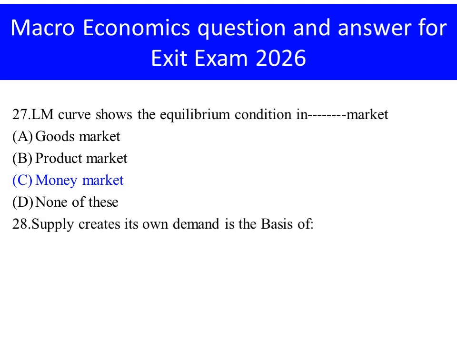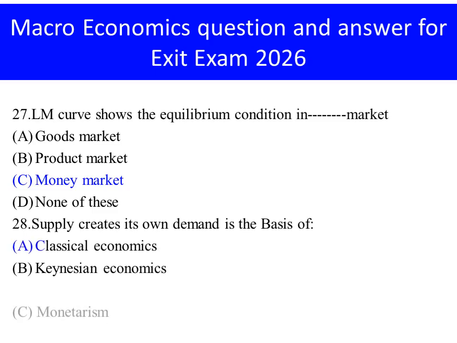Number 28, supply creates its own demand is the base of A, classical economics; B, Keynesian economics; C, monetarism, or Friedman's; D, none of the above. That is classical economics, which says supply creates its own demand. After that, there was the Great Depression.